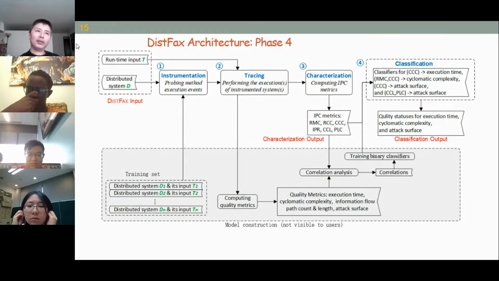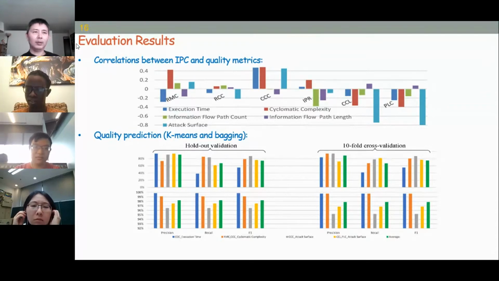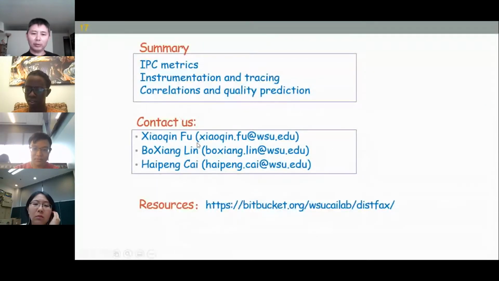And I use WEKA to perform bagging supervised learning to classify quality metrics. The evaluation results demonstrate the correlations between IPC metrics and quality metrics, and classification effectiveness, including precision, recall, and F1. You can get the tool from the link. Thanks for your attention and time.